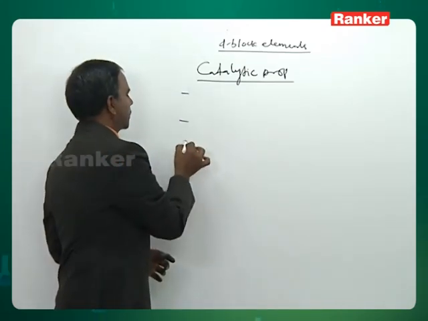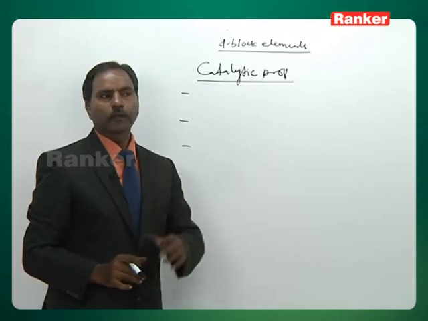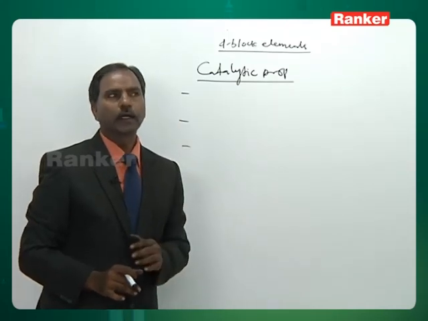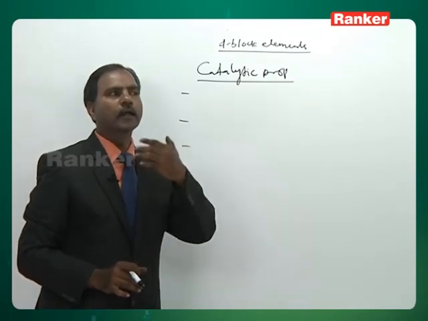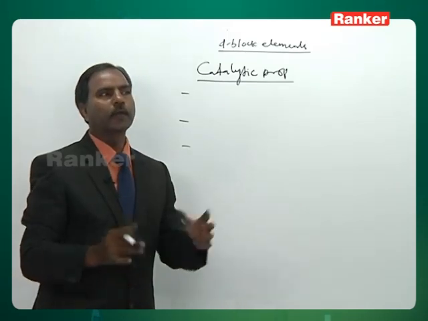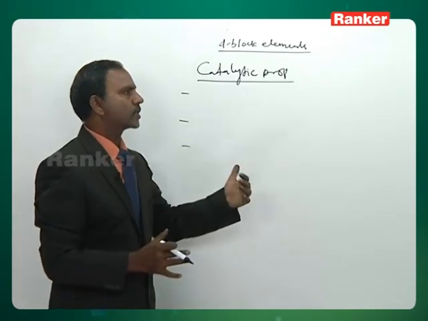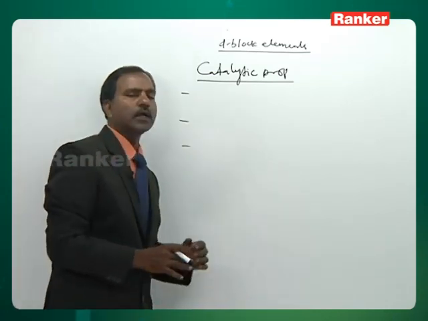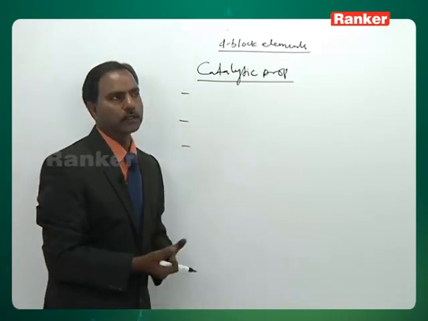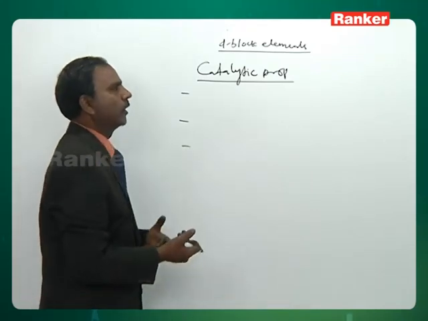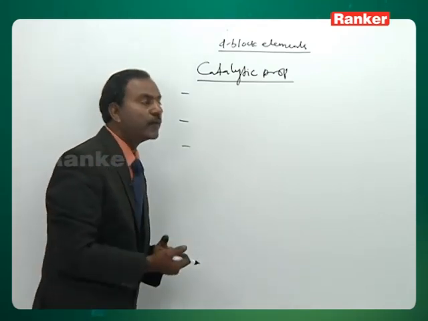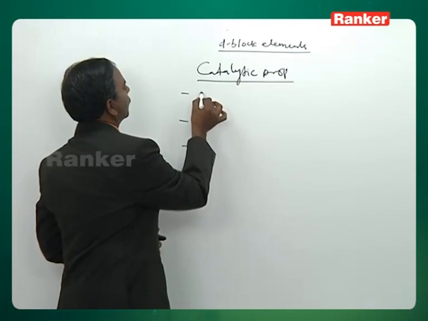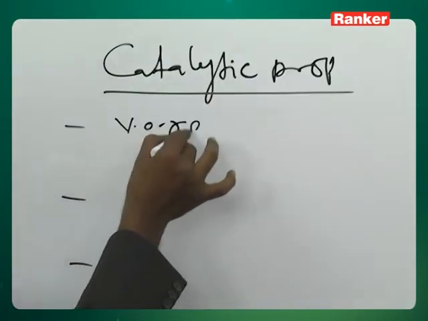Why are D block elements preferred in industrial catalysts or in other chemical reactions? In many reactions we are using this particular catalyst only, either D block metals or their compounds. Why are these acting as best catalysts? It is due to variable oxidation states.